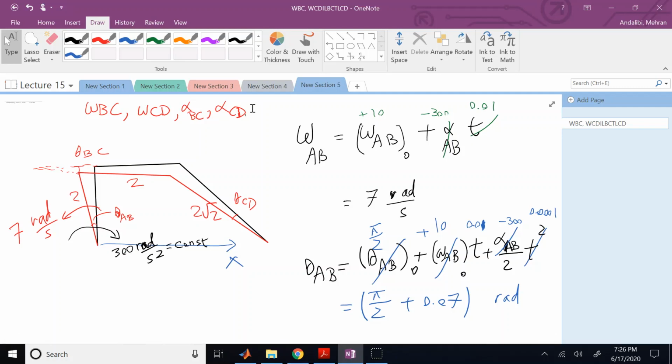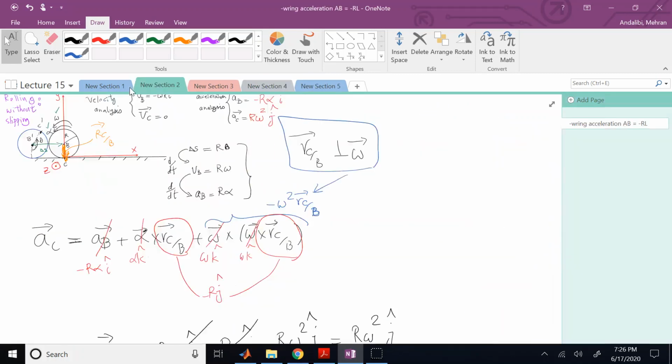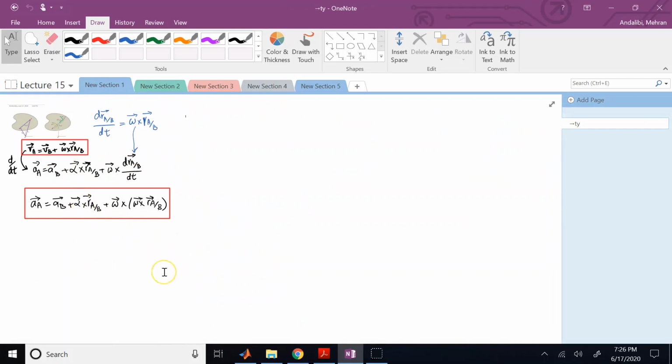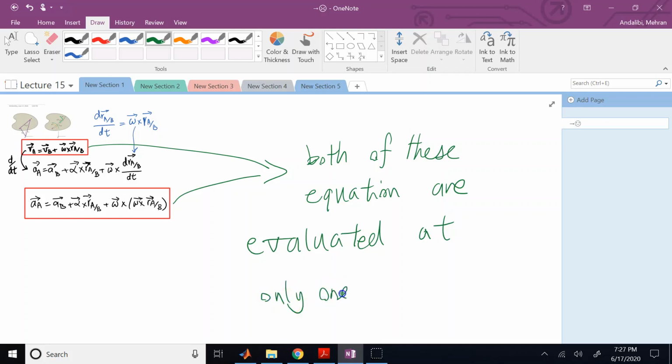Okay, so keep that in mind. Nothing that you do in these equations, the general velocity formula or the general acceleration formula, is valid beyond a moment. Both of these equations are evaluated at only one time point.